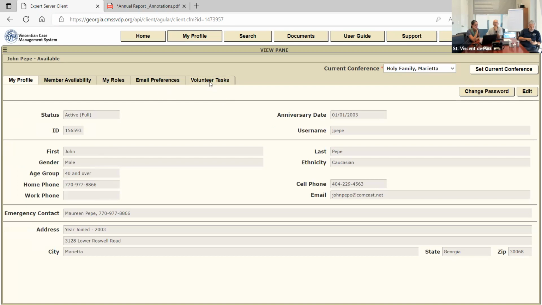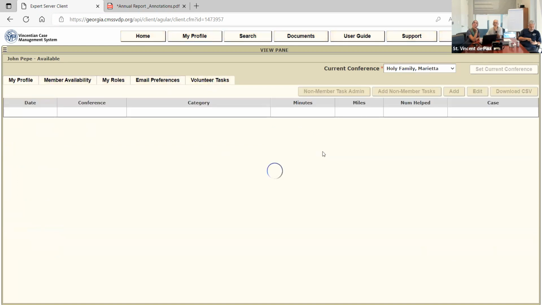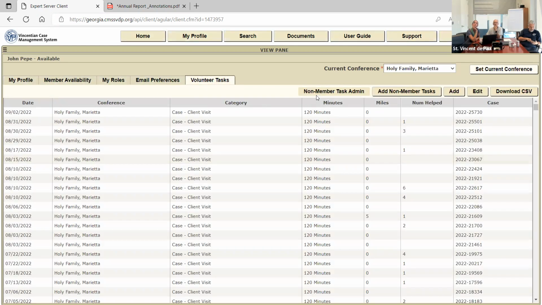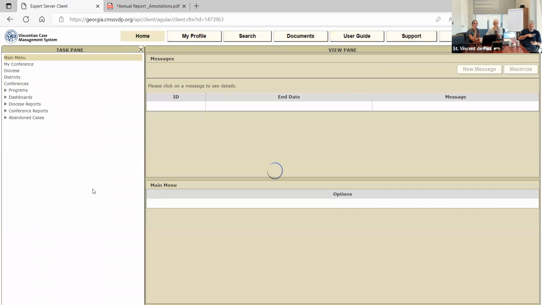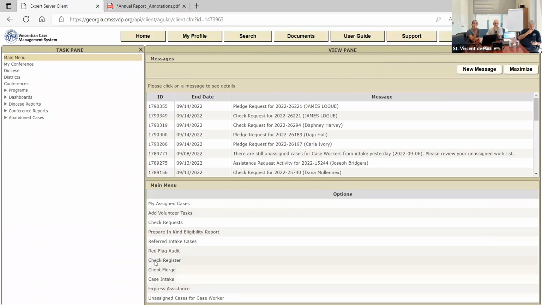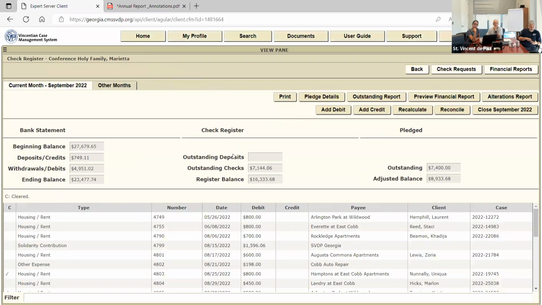You could go to volunteer task and you can enter non-member hours right here. And that's another way of doing it. I suggest that you use the wizard. I think it's faster for you to do it that way. You don't have to enter a lot of information, and there's really no record keeping anyway. But anyway, that's what I would do.